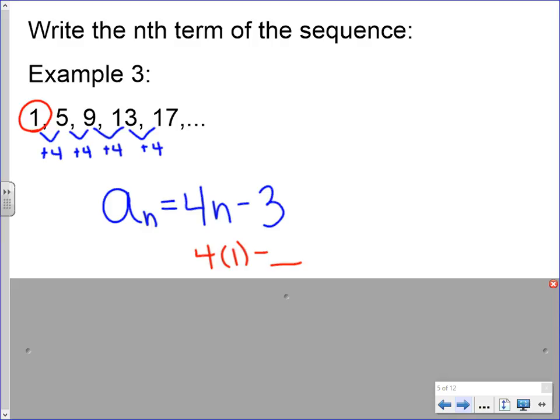So if we have 4 times 1 minus 3, we get our first term of 1. If we plug in 2, we get 4 times 2, which is 8, minus 3 is 5. 4 times 3 is 12, minus 3 is 9. This formula now works for each of our terms.